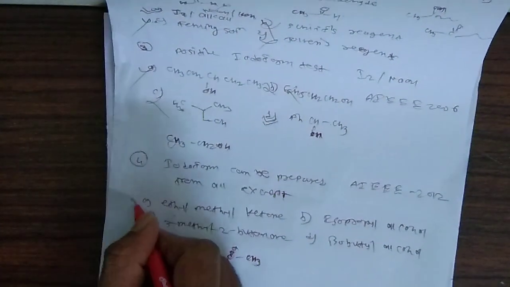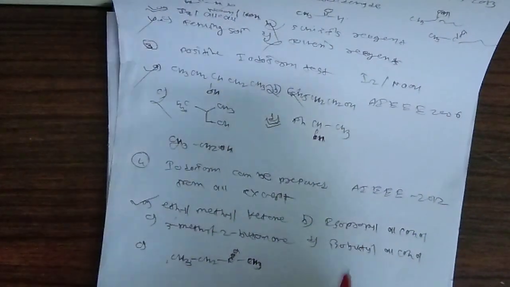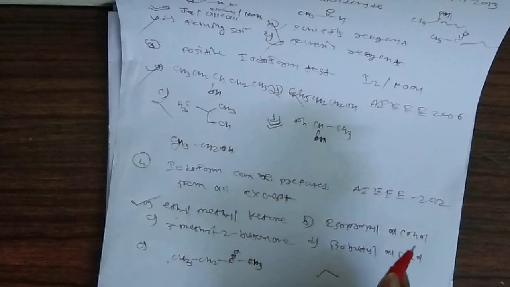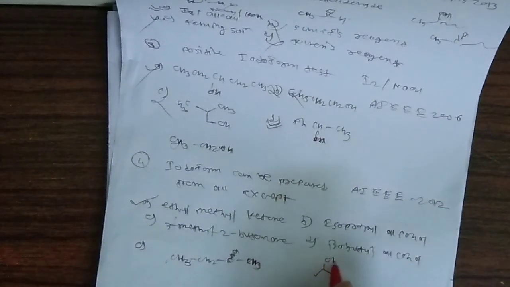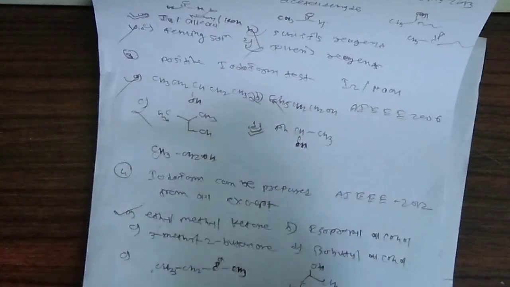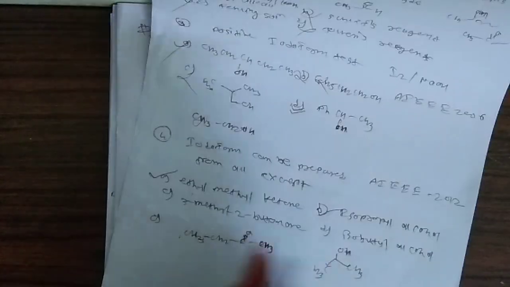So this will give a positive iodoform test. Isopropyl alcohol: first draw methane, ethane, propane. Isopropyl means the OH group is attached to the second carbon. Here also a CH3 group, here also a CH3 group. So obviously it will also give a positive iodoform test.